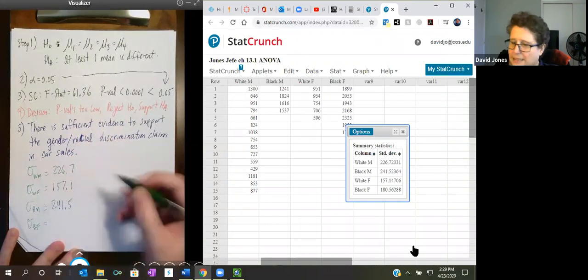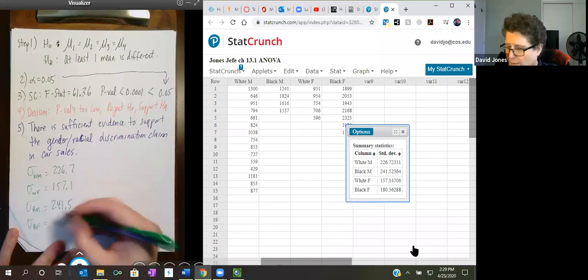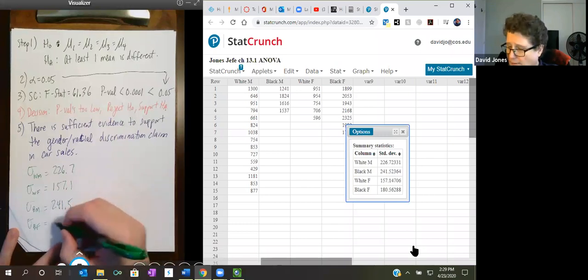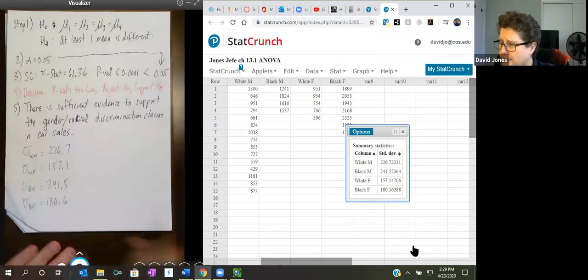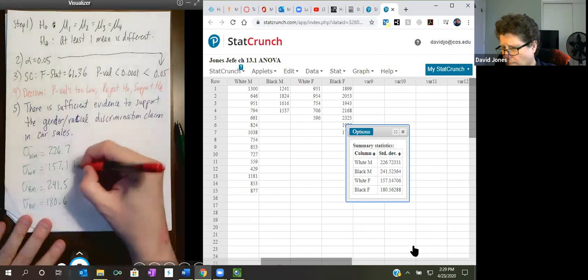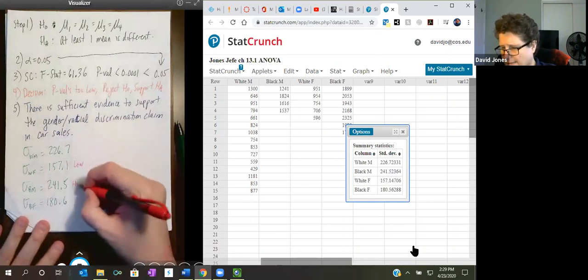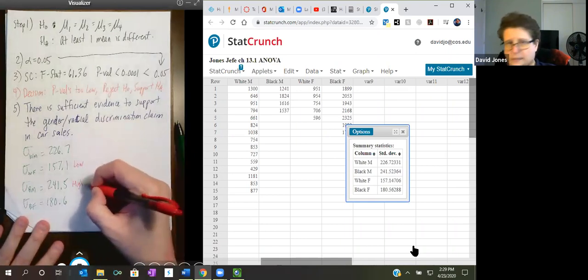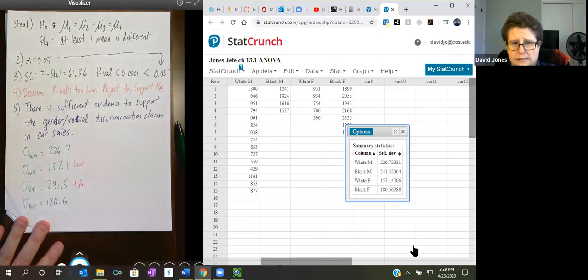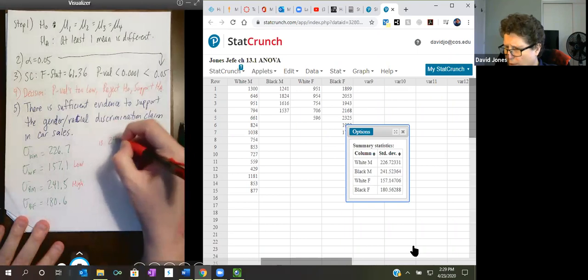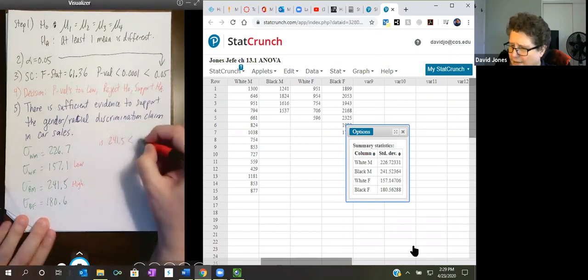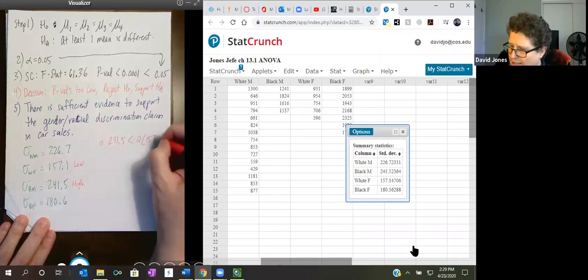I apparently didn't write these down in the order that are listed. I'm just picking categories. So the lowest and the highest is there. What we need to check is 241.5 less than 2 times 157.1.